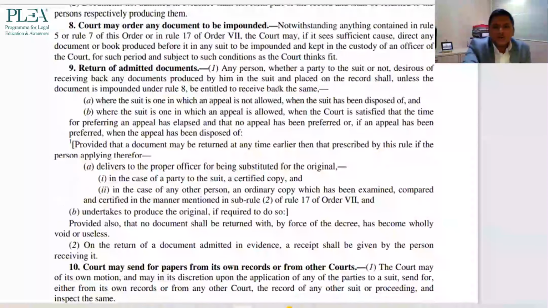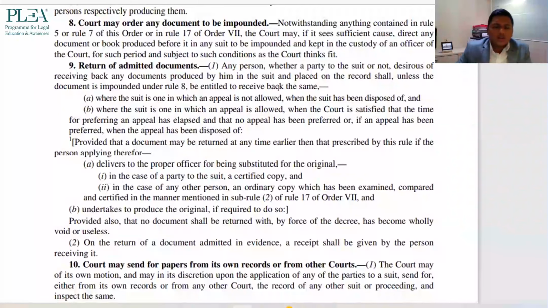Return of admitted documents. That is Rule 9, Order 13. Any person, whether a party to the suit or not, desirous of receiving back any documents produced by him in the suit and placed on record, shall, unless the document is impounded under the earlier provision, that is Rule 8, be entitled to receive back the same.